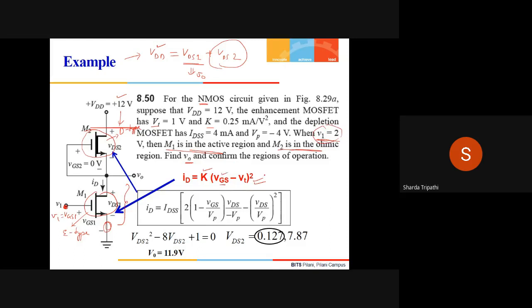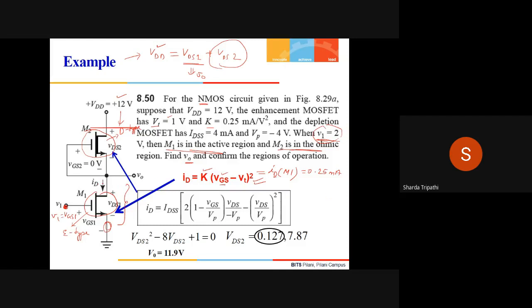And the value of VT is also given, equal to 1 volt. If you substitute everything, you will get the drain current for the enhancement type transistor. Let me call this M1. So this is ID for M1, and after substituting values, this will come out to be 0.25 milliamperes.